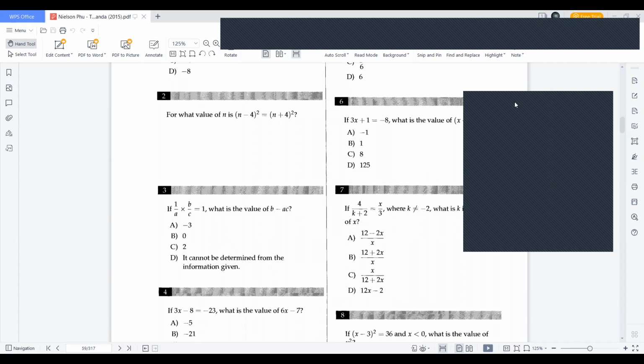Because it's n minus 4 and n plus 4. And if you must end up with a number and the negative of that number, then it has to be 0. Because it would be 0 minus 4 and 0 plus 4, which gives you positive 4 and negative 4. Any other number other than 0 would not give you the same positive and negative. It would give you a positive and a different negative. That's why it has to be 0.